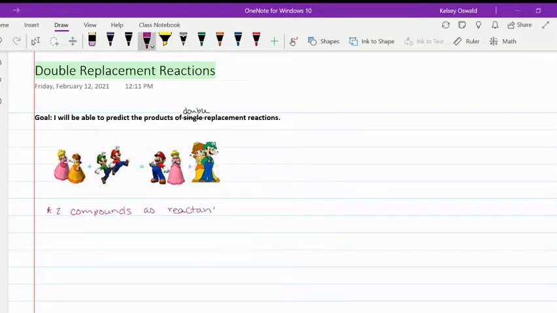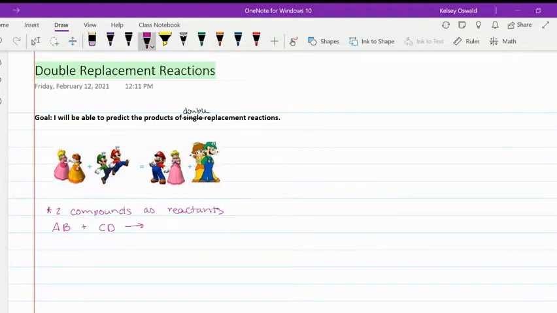If we look at this example, we have a compound with Peach and Daisy and another compound, Mario and Luigi. So we have two separate compounds here. We'll call them compound AB and compound CD. When they undergo a double replacement reaction, the two cations, or two elements, in each of those compounds are going to switch.